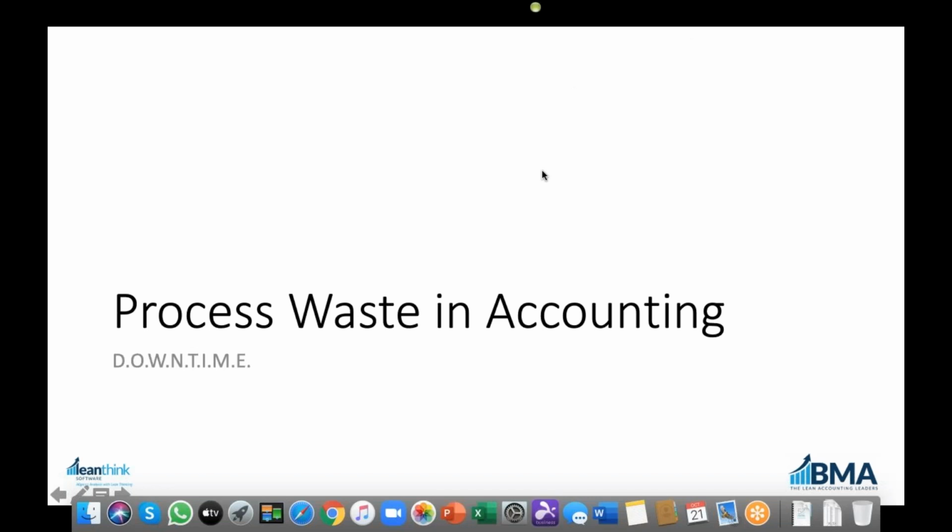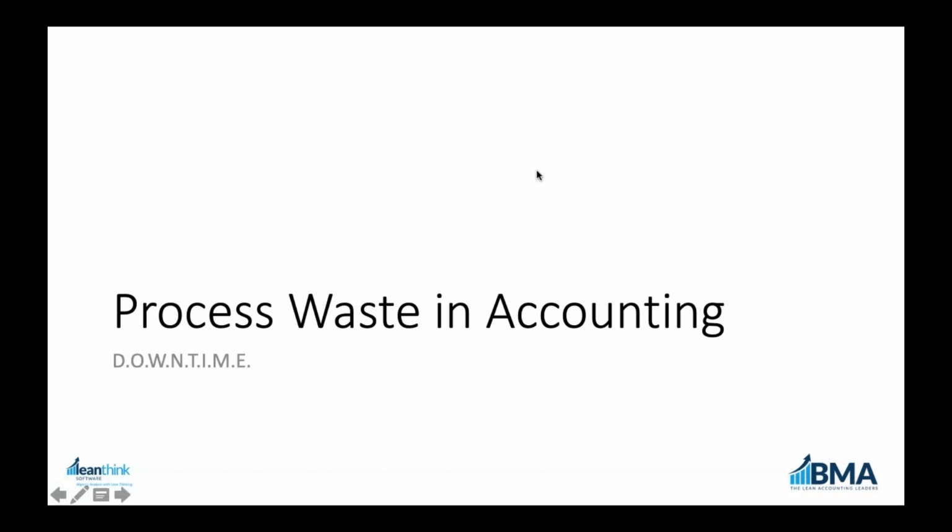So let's move on to process waste, and I'm going to turn this over to Mr. DeLuca. Thank you. Nick's talked about a number of different levels of thinking about a process. We have inputs, we have process steps. Within those process steps, we have granular tasks, and then each process has an output, and that can be anything from a payable to payroll to a receivable. But even think about it in the context of some of the financial planning activities we do.